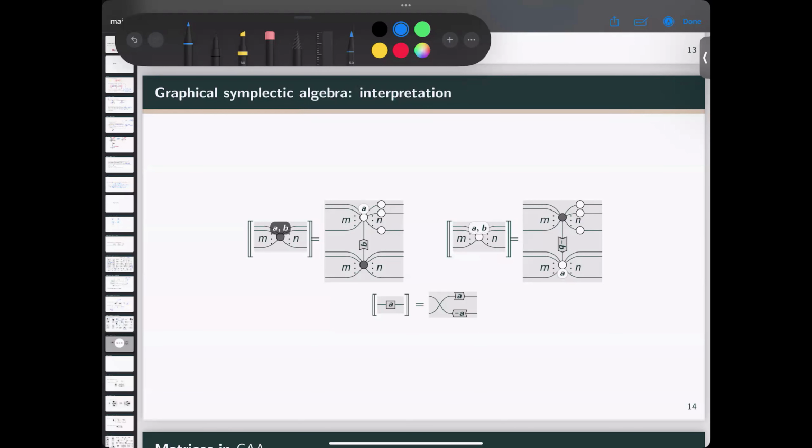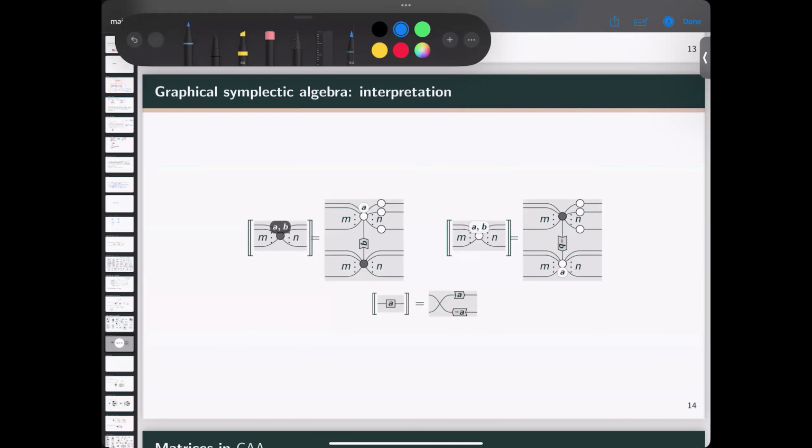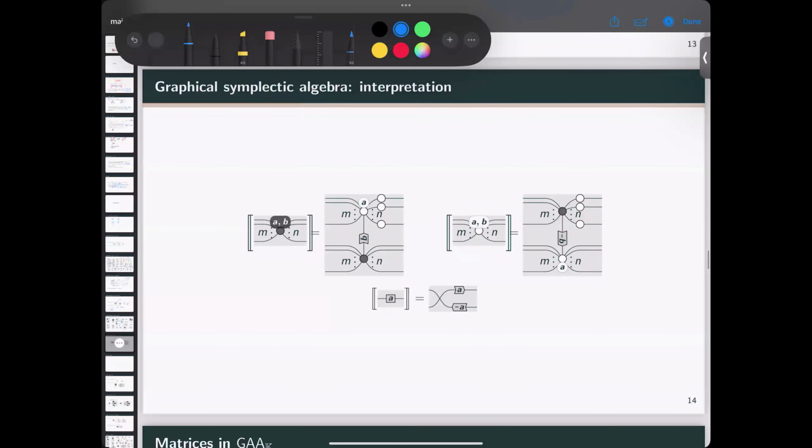What you can see here is that essentially every generator gets copied into two color-swapped copies of itself. And these correspond, if you think about this in quantum terms, to tracking a bunch of X Paulis and a bunch of Z Paulis and how these evolve through your diagram.